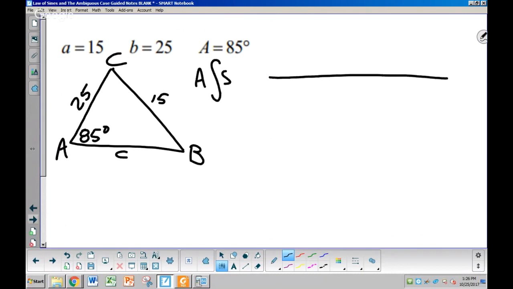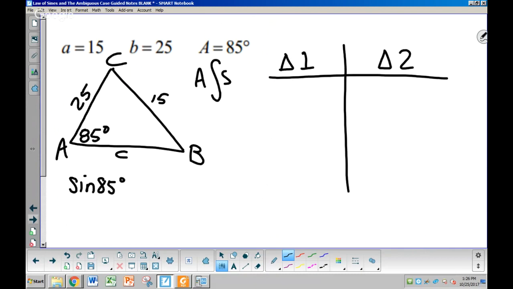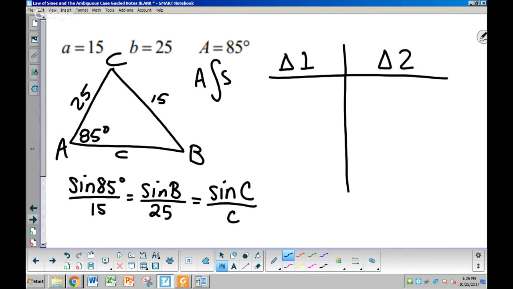So I'm immediately going to do this just in anticipation of, I might have two triangles. First case is going to be the acute. The second case will be the obtuse. So we're going to set up our law of sine. Sine of 85 degrees over 15 equals the sine of B over 25 equals the sine of C over little c.